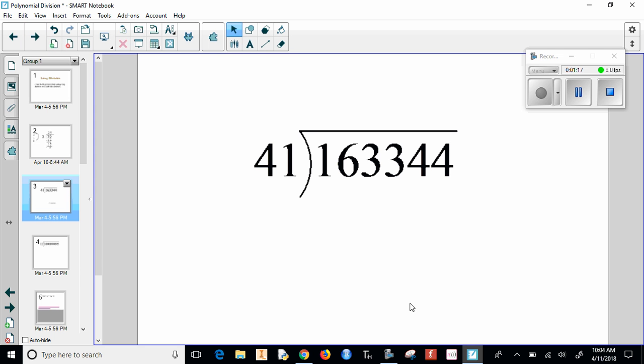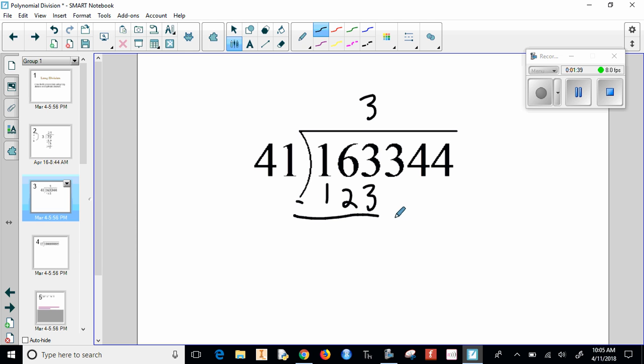41. How many times does 41 go into 163? Well, 40 goes into 160 4 times, but 4 times that would be 164. So let's do 3. So that would be 3 and 12. So now I have 40. And now we bring down our next value, which is 3.